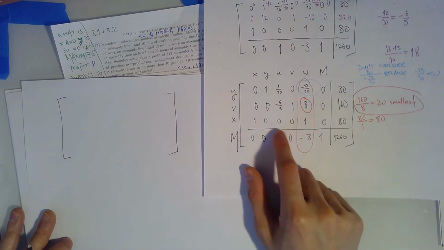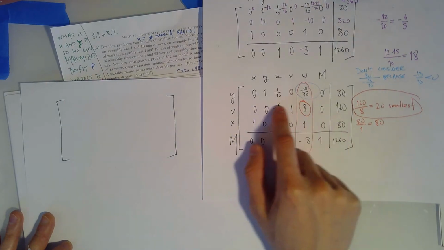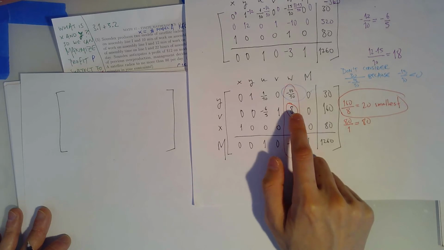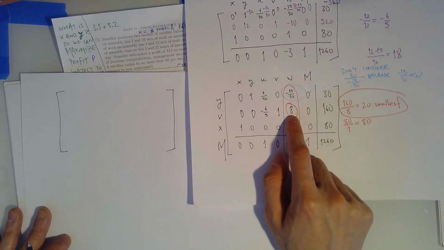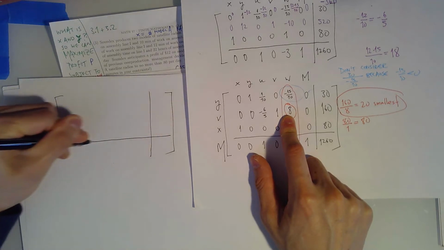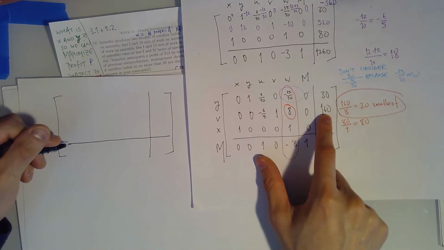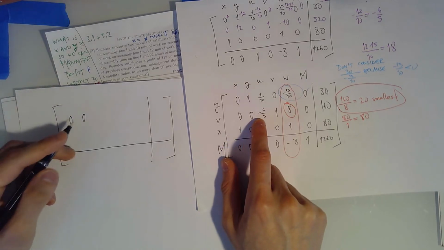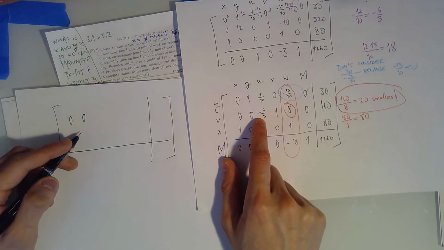Because the second row has the pivot element, the 8 that we're keeping, I'm going to write that down first. So we're dividing everything by 8, so that will be a 0, 0. I'm doing negative 6/5 divided by 8.